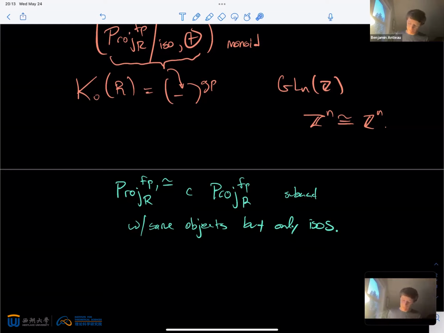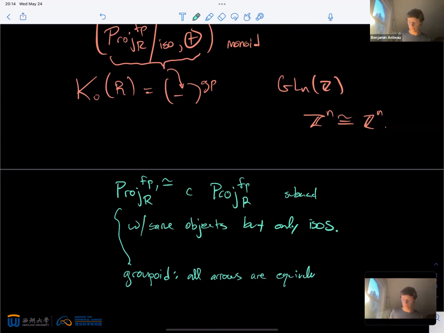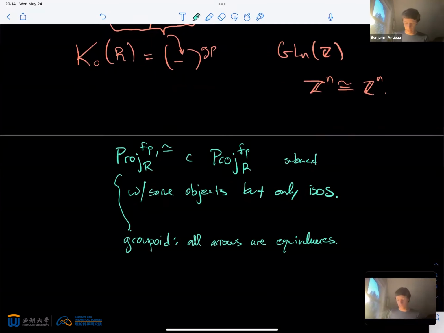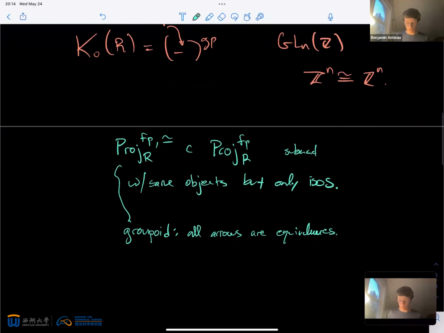So this is a category, but all of its maps are equivalences. So this is an example of a groupoid. It's a category where all arrows are equivalences. And that's something that is interesting.